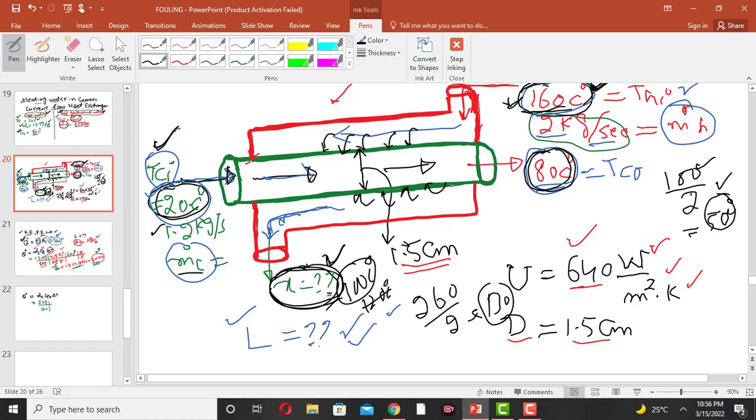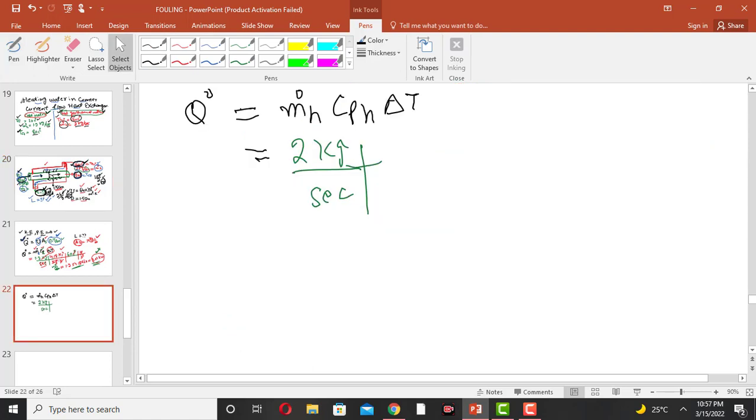So the specific heat of the hot fluid will be obtained at 130 degree centigrade from various tables or literature books. The specific heat of the hot fluid which we have obtained from literature is 4.31 kilojoule per kilogram Kelvin.